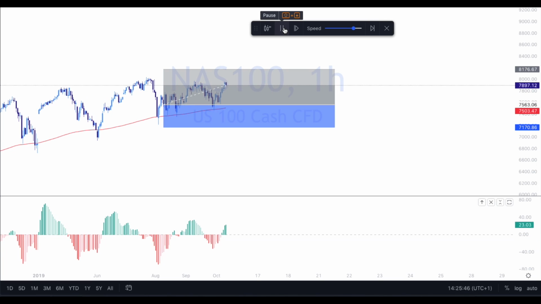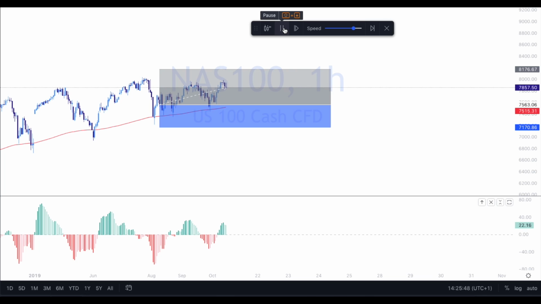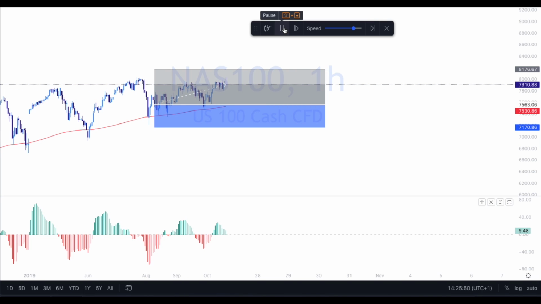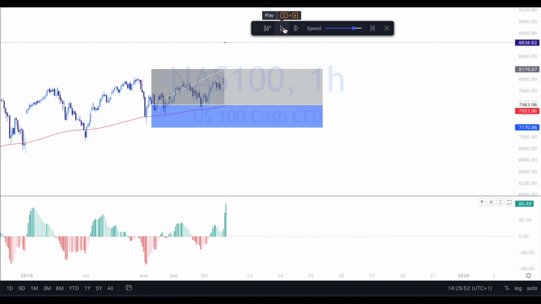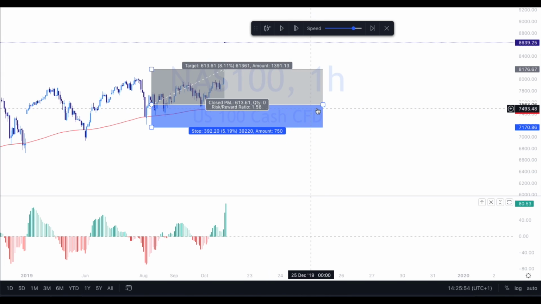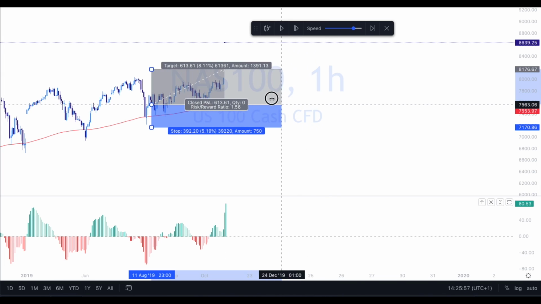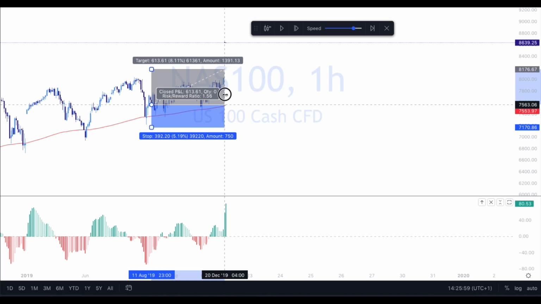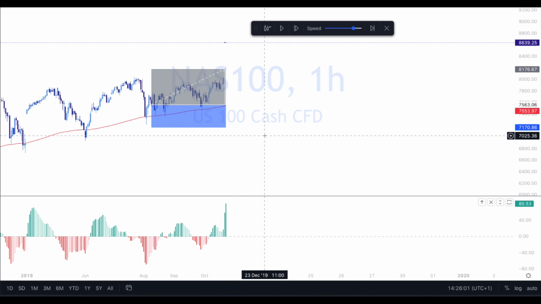Okay, I wonder if we're gonna hit TP. See if you do. Okay, so we've got a TP hit, which is fantastic. That's it right here. So the first trade has gone very, very well. So now we just wait.